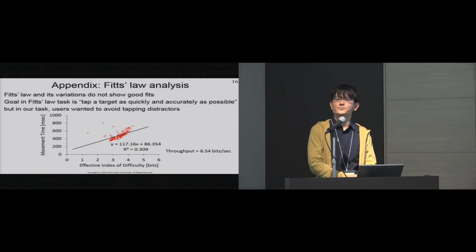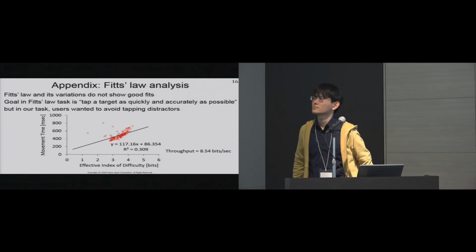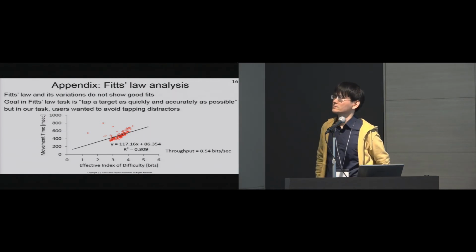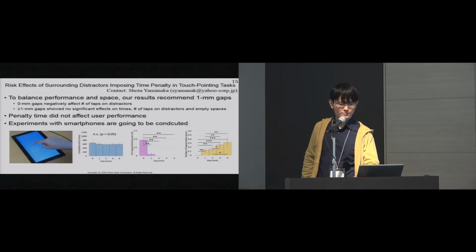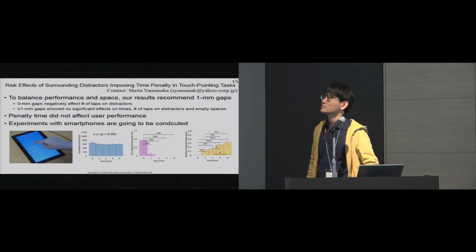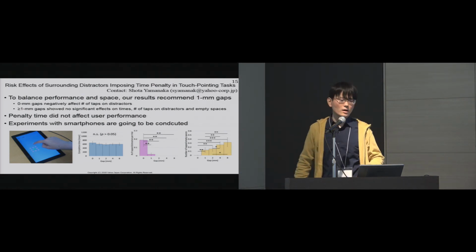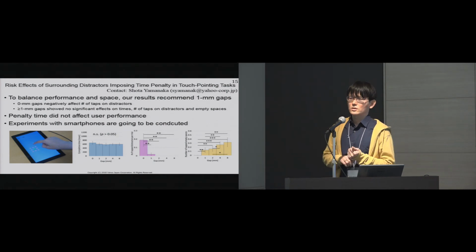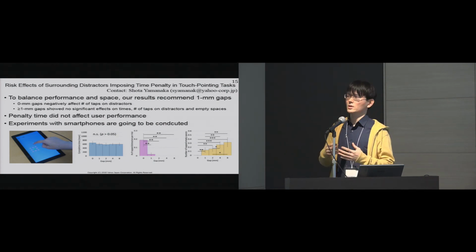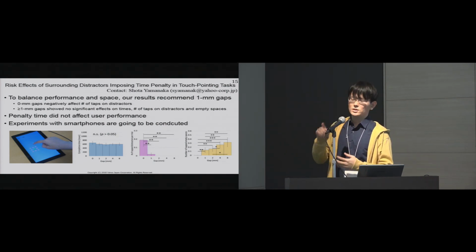Any other question? Okay, so if no further question, I will have a quick question for you. So I didn't really understand how you applied the penalty time. So did you add penalties if users were tapping 2 distractors before to perform a correct selection? Participants had to continue to tap the green target even if they tap empty space or distractors.